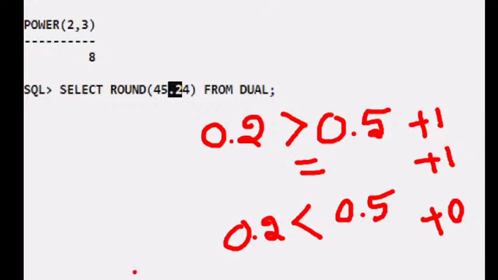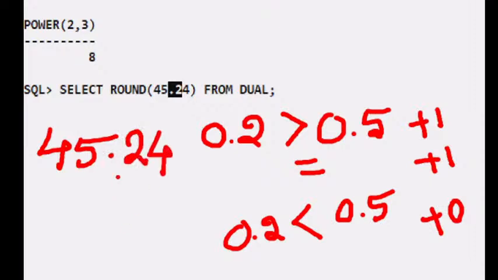Okay. Now here, how much? 45.24. This is my expression. The point after what now? 2 was there. 0.2, is it greater than 0.5? No. Equal to 0.5? No. Less than 0.5? Yes. So how much? 0. The 0 I need to add to my expression.